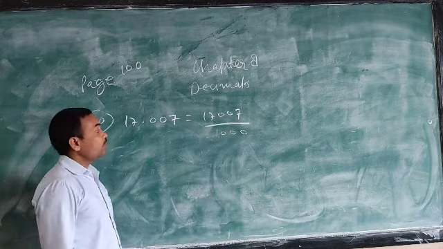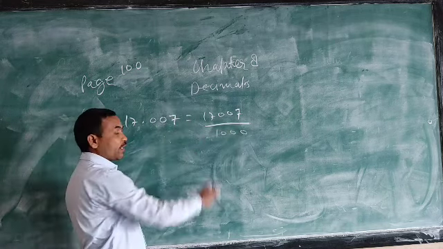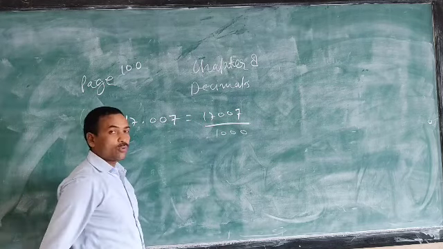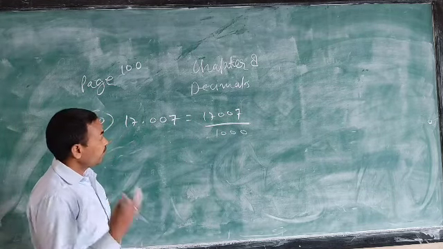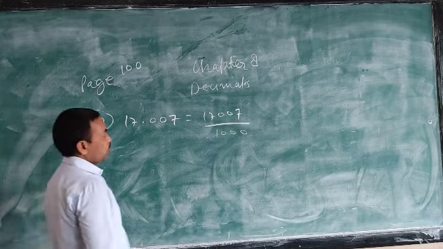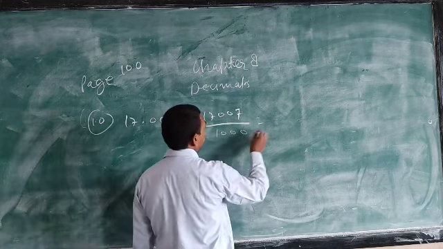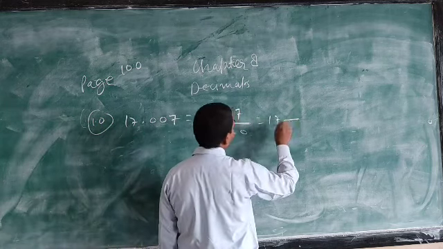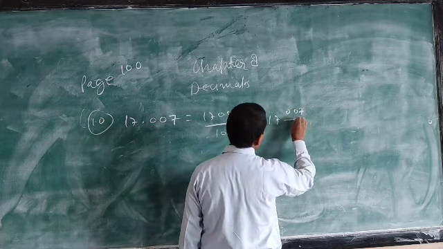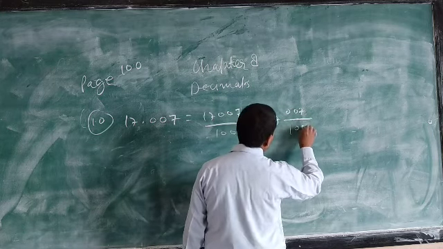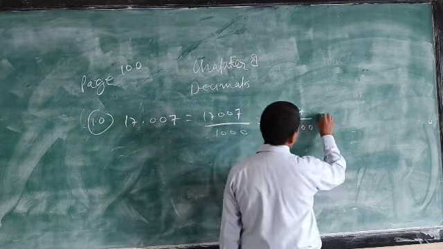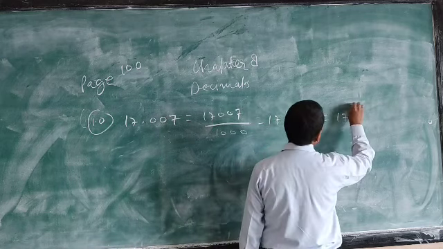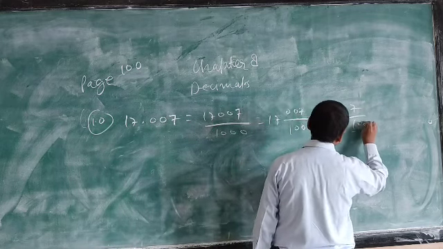That is 1000. And see, this numerator is greater than the denominator. You can convert it into a mixed fraction. So if you divide it, 17 is the whole number part, 007 is the numerator of the fraction, and the denominator will not change. This becomes 17 and 7 by 1000.